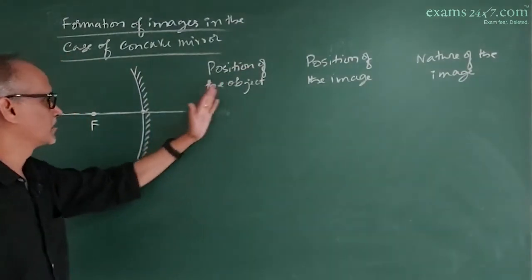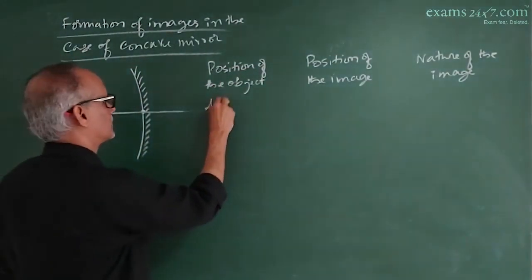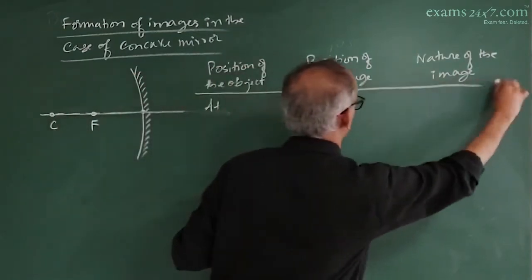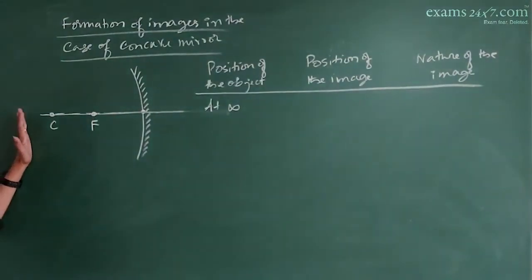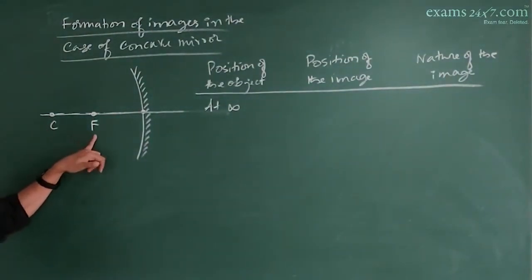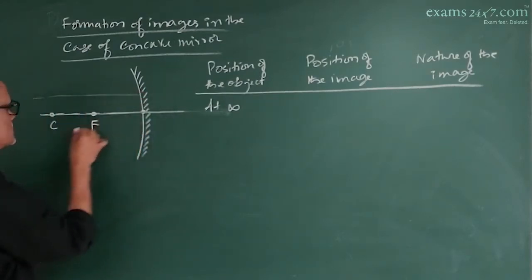The first position that I'm going to consider is far away from the mirror, which is at infinity. When the object is placed at infinity, we get the image. Infinity means it's a parallel beam, like this.